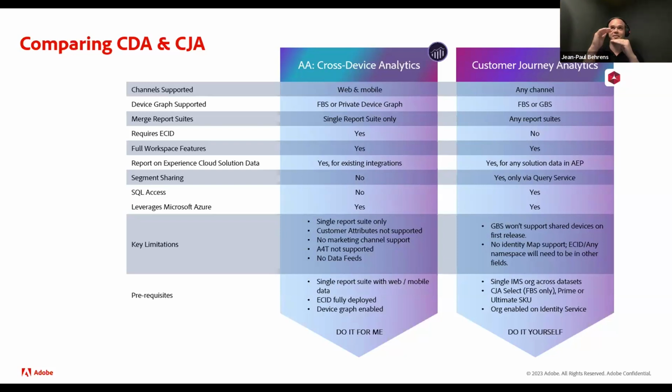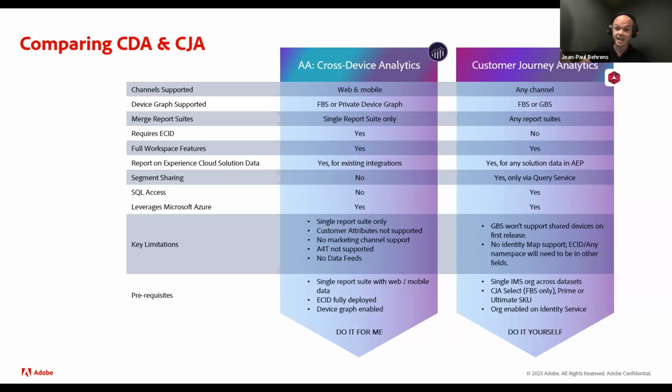So now I see the evolution, right? You had ECID as your initial identifier. Then you had cross-device using a user ID to join different devices into one, but not necessarily across your different touch points, the different channels.